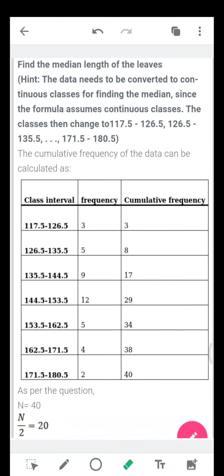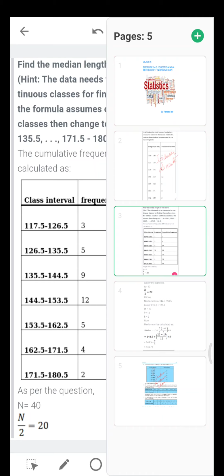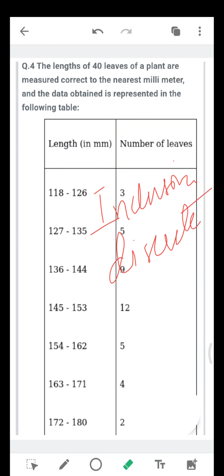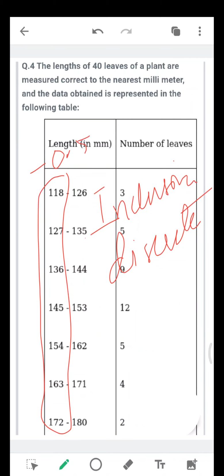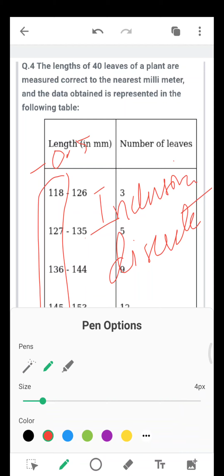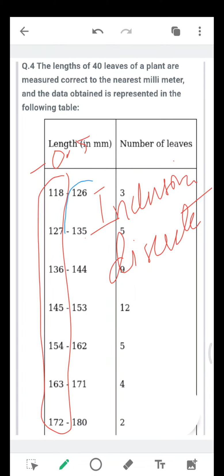So I'll convert those classes to continuous classes. The classes which were discontinuous, I'll convert them to continuous. So how to convert them to continuous classes? Very simple. From all the lower limits, you should subtract 0.5, and in all the upper limits, you have to add 0.5.